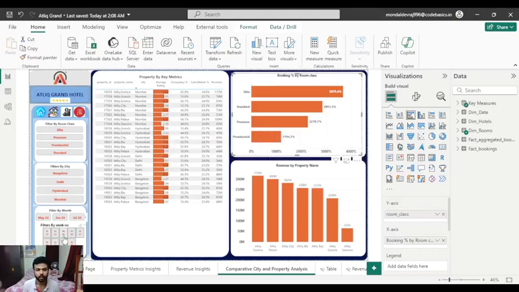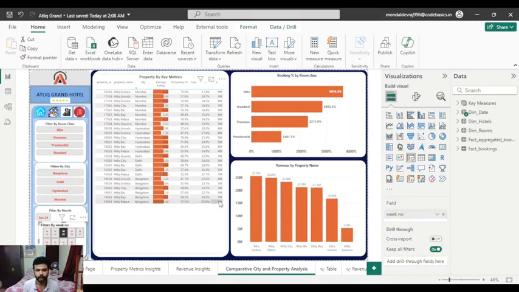So if we click on week number 25, we can see that the elite class has the most booking percentage, and the presidential has the least.